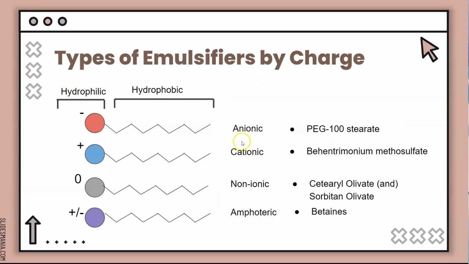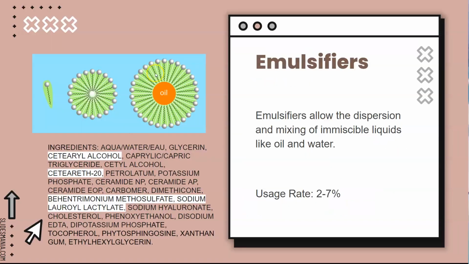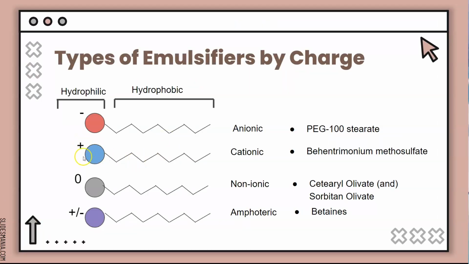So let's say if you have an anionic surfactant like PEG stearate, then this emulsion micelle or surfactant micelle would be surrounded by negatively charged heads. If it's cationic, then it will be positively charged. If it's non-ionic, then it would have no charge at all. Or if it's amphoteric, then it will be either positive or negative charge depending on the pH.